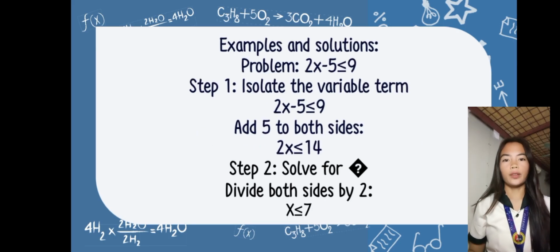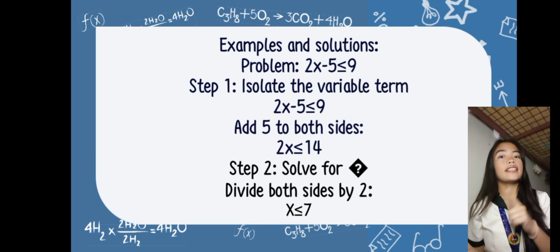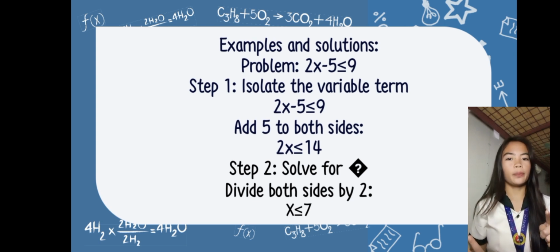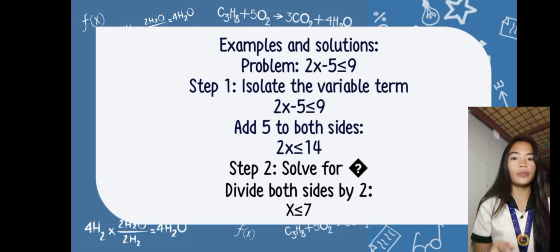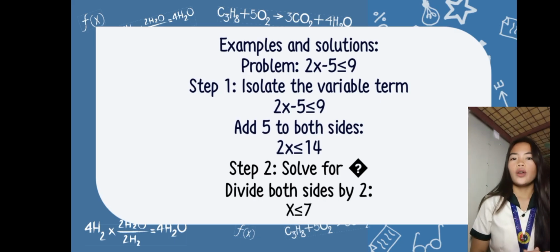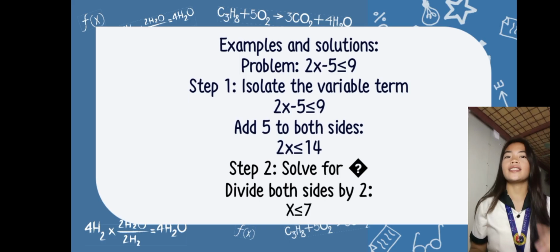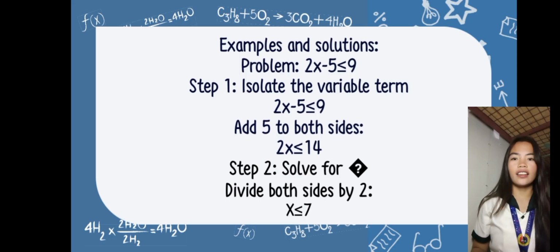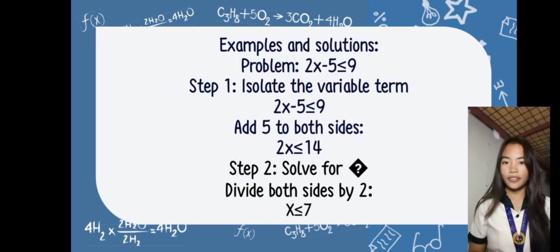For example, let us solve 2x - 5 ≤ 9. First, we add 5 to both sides, resulting in 2x ≤ 14. Then we divide both sides by 2. So the final answer is x ≤ 7.